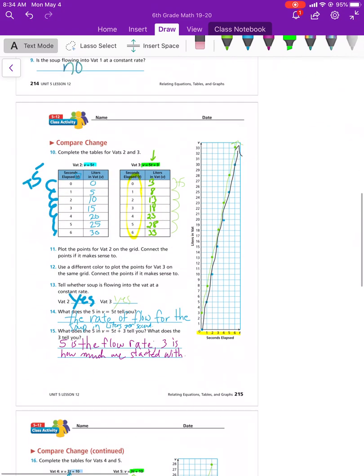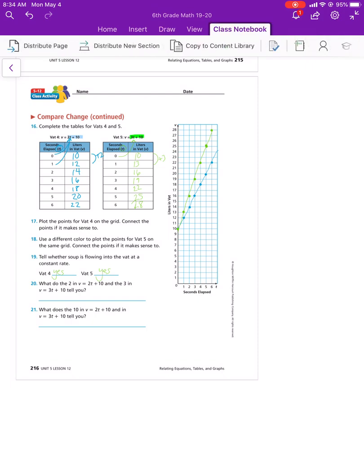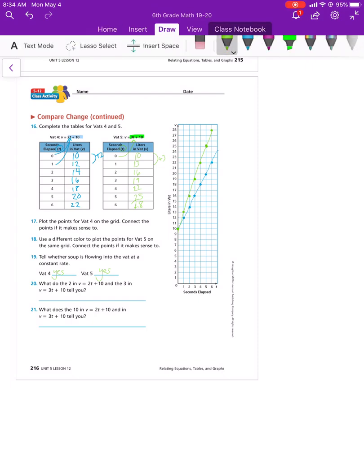But here, it stays the same. Here, it stays the same. It goes 3, 3, 3, 3. It just keeps going in 3s. This one, same thing. It just goes in 2s. These are just getting a little bit bigger by the same rate.